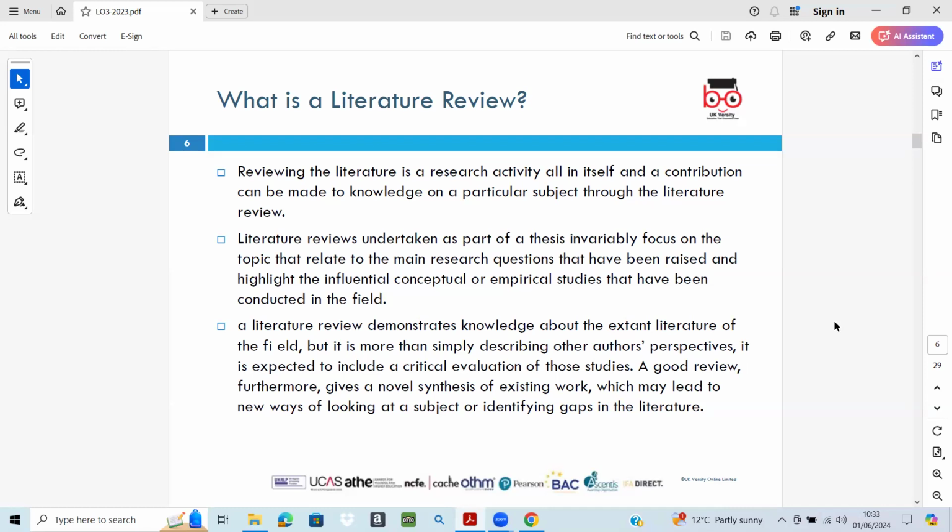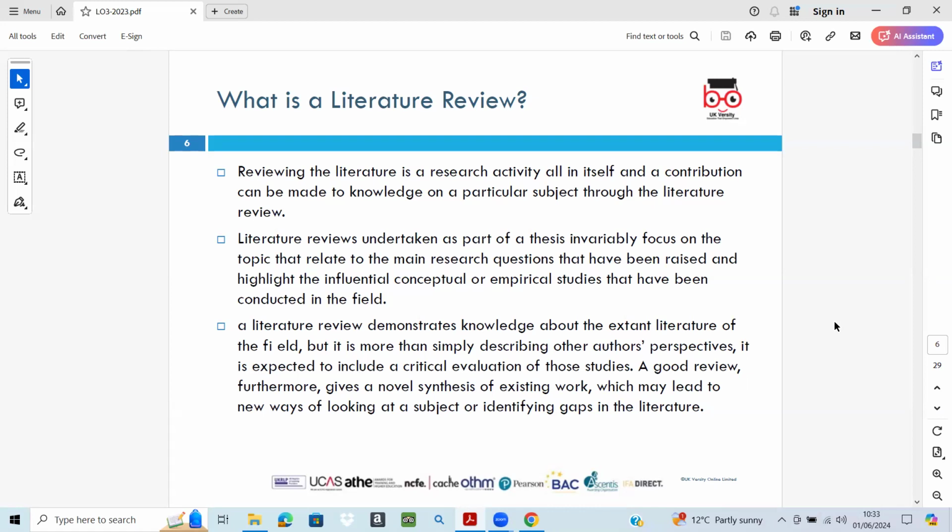For knowledge demonstration, by summarizing and discussing existing literature, we demonstrate our understanding of the field and its current state of research. For critical evaluation, it's beyond description. A literature review involves critiquing the methodologies, findings, and conclusions of the studies. This critical perspective helps to identify strengths and weaknesses in the current body of knowledge.